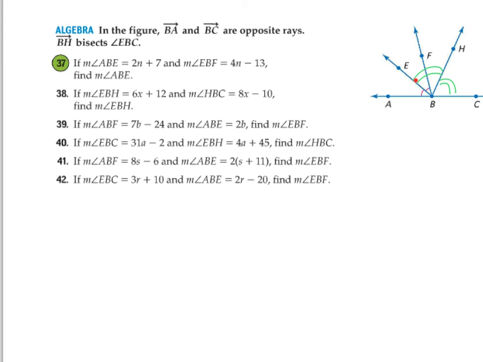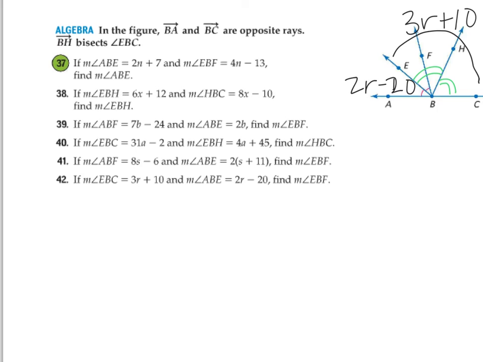Well, EBC is this whole angle right here, E and then B and then C. So all of that measures 3r plus 10. And then we're told that the measure of angle ABE, well, ABE is this angle right here, and we're told that its measure is 2r minus 20. So let's label that 2r minus 20.